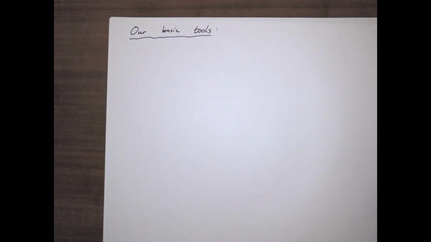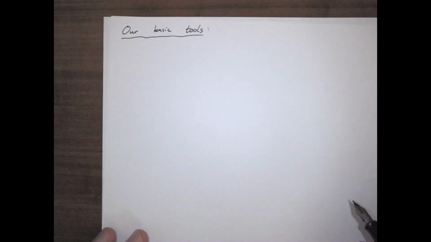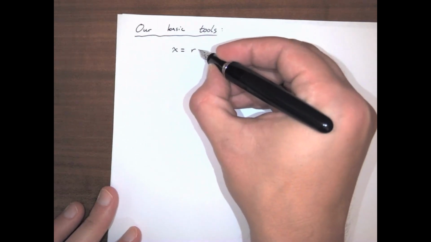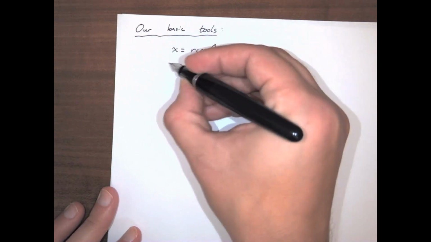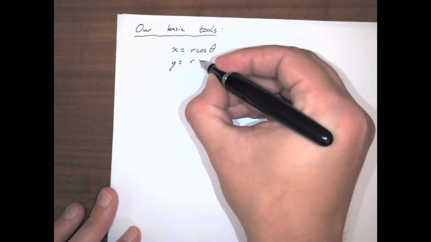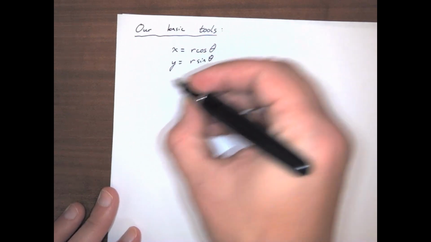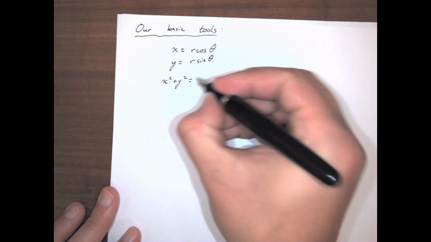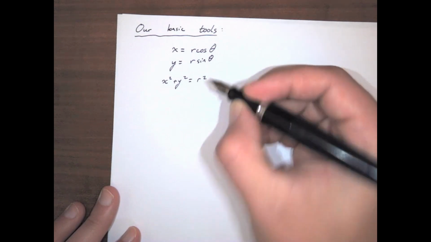What we will have are some equations, and those are the same equations that we know and love from earlier, and those will give us a dictionary for converting phrase by phrase from one coordinate system to the other. So x equals r cosine theta, y equals r sine theta, x squared plus y squared equals r squared.